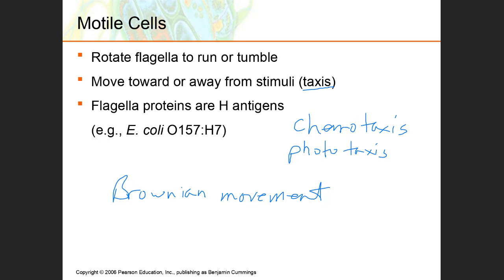The protein flagellin can have some slight differences, and we can actually use those differences to type different strains of bacteria. A good example we see here is E. coli O157:H7. H is the type of flagellar protein that they have. There are many different types, but we can use the type of flagellar protein to type a different strain of the same species.